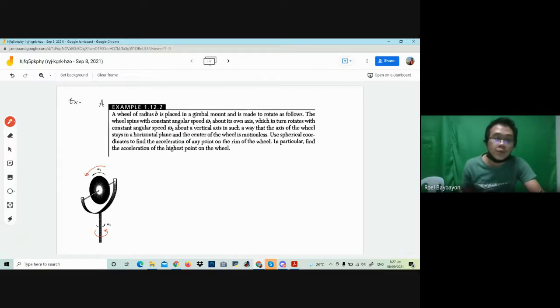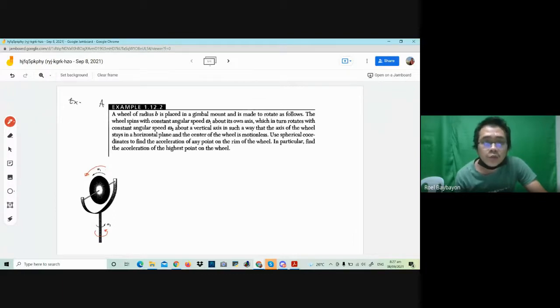So what will be the motion of this wheel with radius b? Two rotations: omega 1, which is the motion of your wheel, and at the same time your gimbal is rotating with some angular speed of omega 2. So omega 1 is constant, omega 2 is constant.